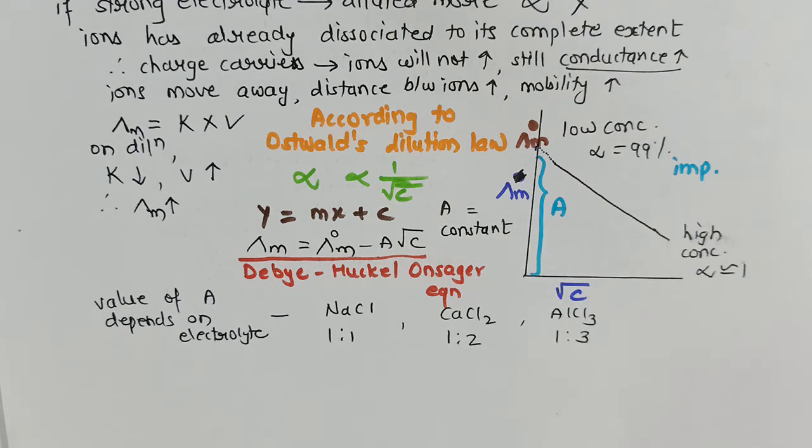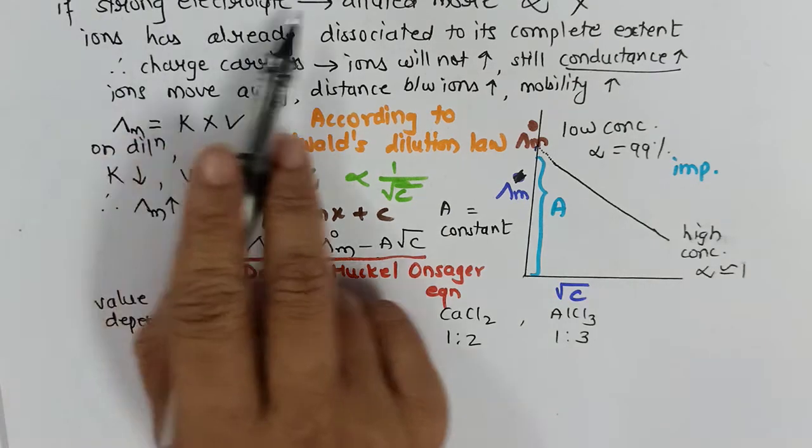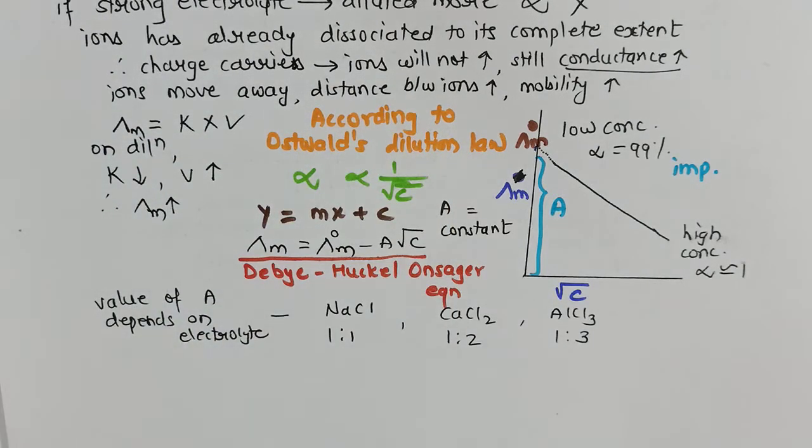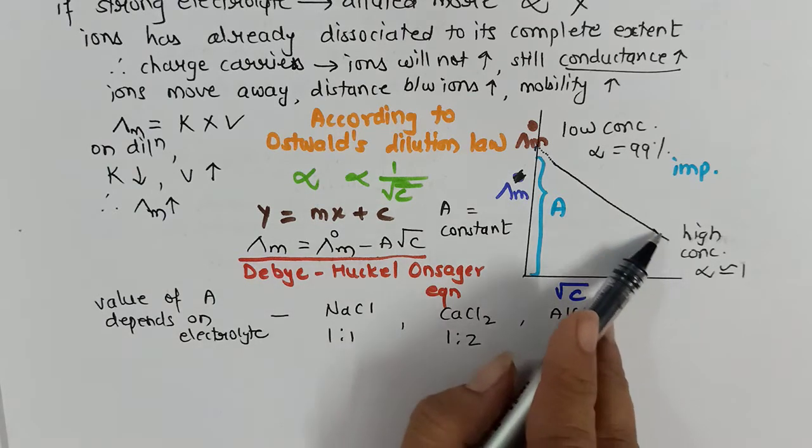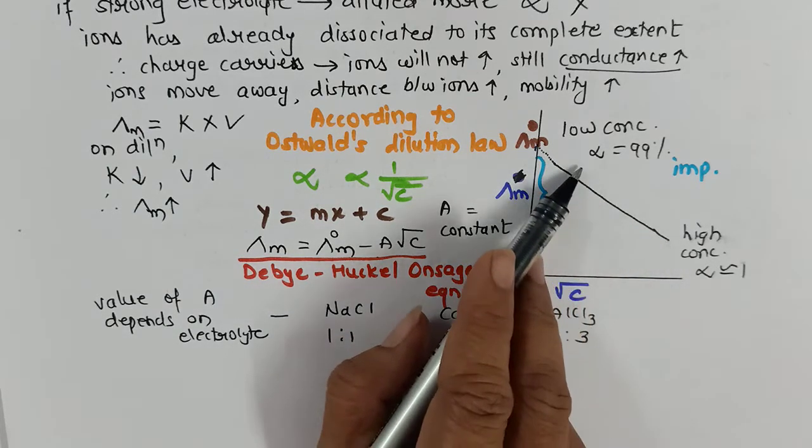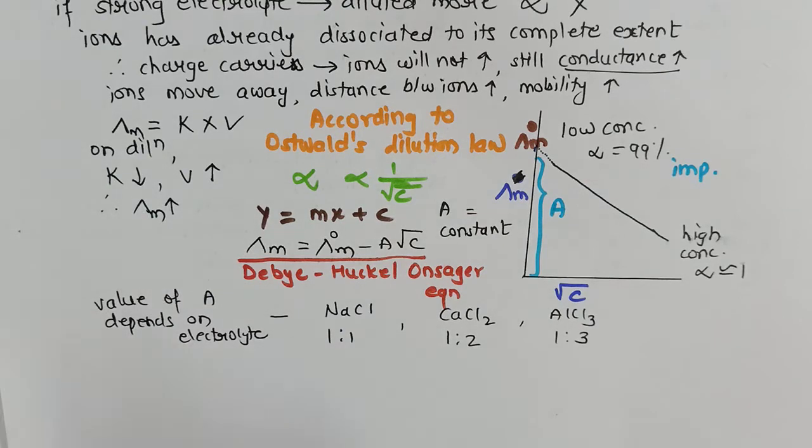So this was about the variation of molar conductivity for strong electrolyte. What you have to remember mainly is that as soon as the electrolyte is diluted, it will immediately dissociate, and therefore the graph will be a steep straight line. And the value of limiting molar conductivity can be calculated graphically.